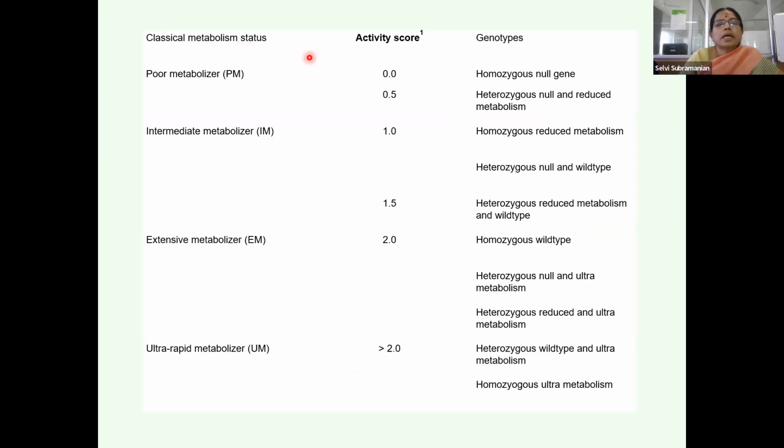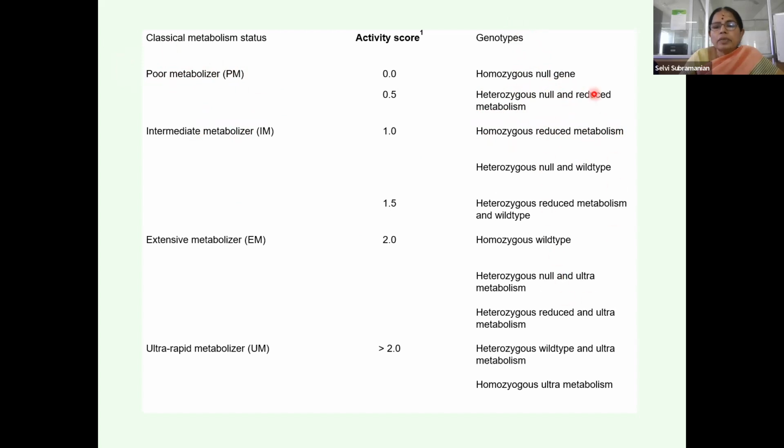Classical metabolism status: some individuals are categorized as poor metabolizers, some as intermediate metabolizers, extensive metabolizers, and ultra-rapid metabolizers, depending on which genes are involved and what polymorphism is present in that gene. For genotypes, homozygous null allele, heterozygous null and reduced metabolism, and homozygous reduced metabolism belong to poor metabolizers.